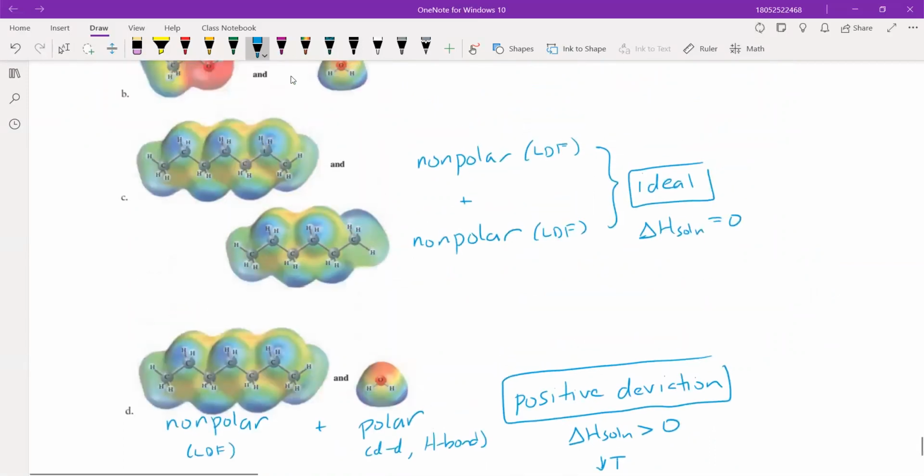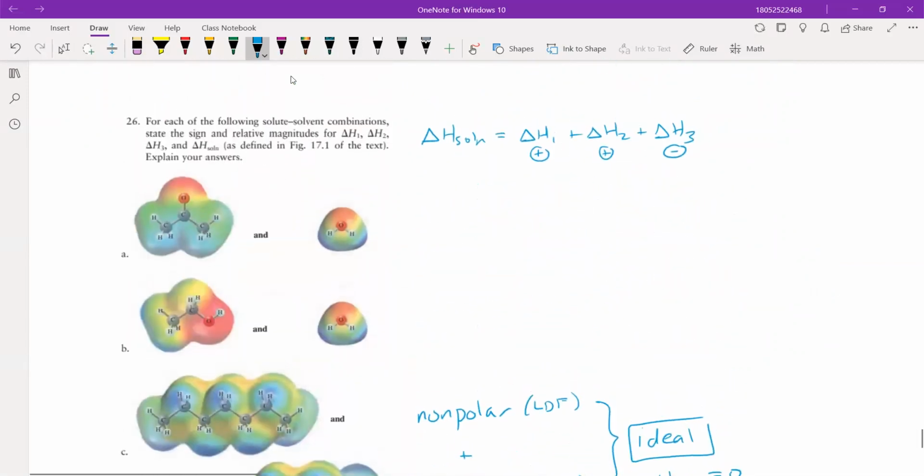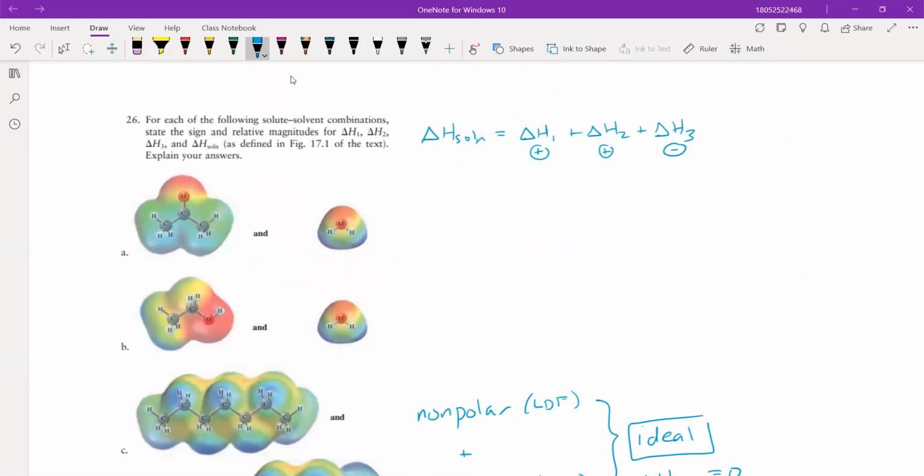Okay. Now the ones that are a little bit trickier. A is just a good one to keep in mind because this is one that I have definitely seen a bunch on tests, where you have two polar substances. But the first one, which is called acetone, that's the name of this molecule, has dipole, no hydrogen bonding by itself.